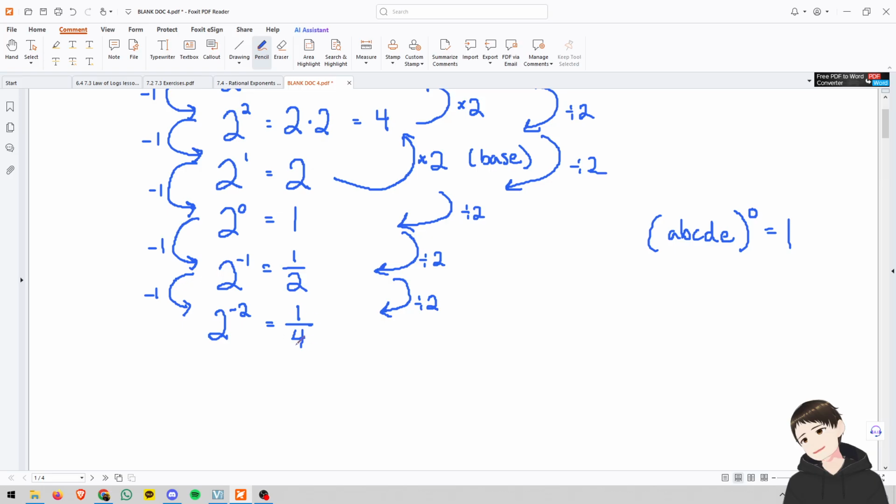Now, hold on to this idea. 2 is there, a 4 is there. And if I were to lower the exponent one more time, that is, take the previous value divided by 2, a quarter divided by 2 is 1/8.